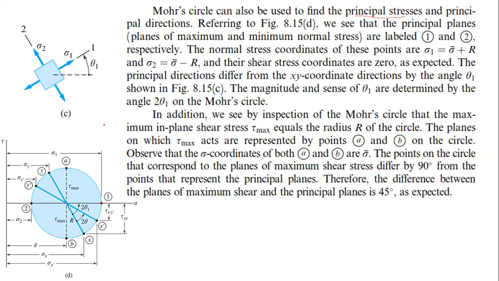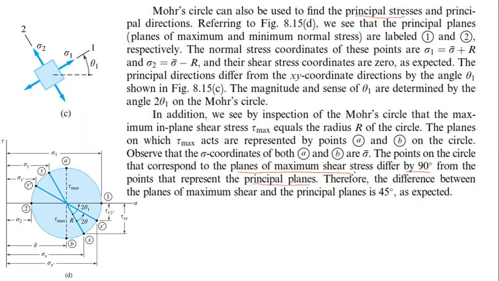Simply i-subtract nato ang maximum minus minimum, ang in plane stress. Then also, the points on the circle that correspond to the planes of maximum shear stress differ by 90 degrees from the points that represent the principal planes.